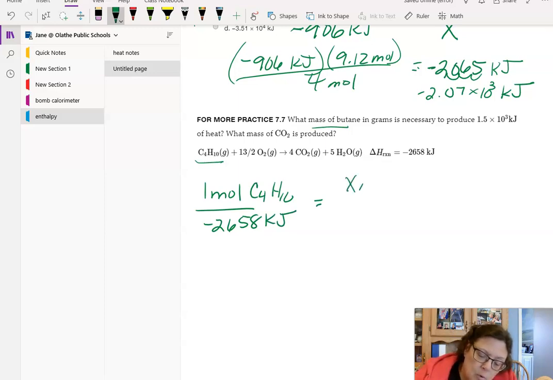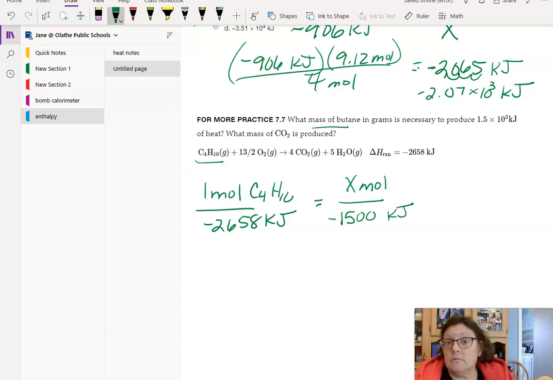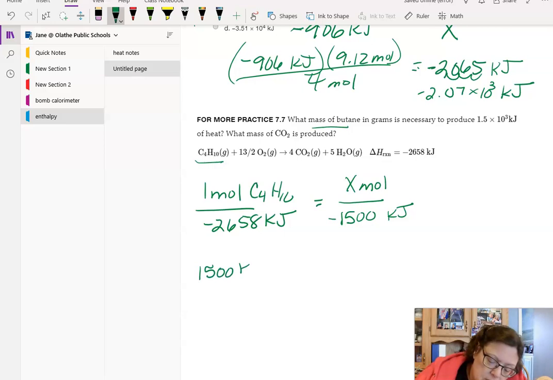We want to know how many moles, and then we'll convert that to grams, will be necessary to produce 1,500 kilojoules. Because 1.5 times 10 to the third would be 1,500, right? All right. Simple. Cross multiply. We're going to do 1,500 kilojoules times 1 mole is equal to negative 2658x.